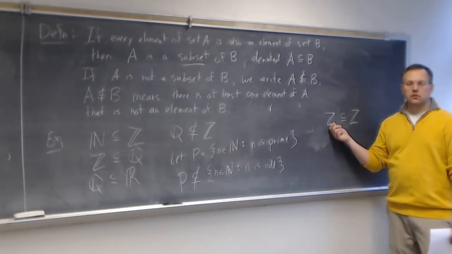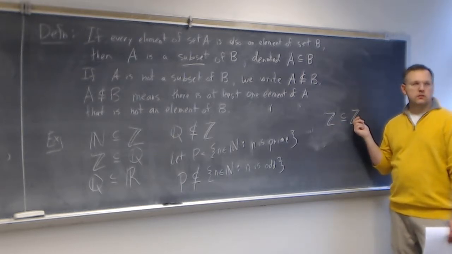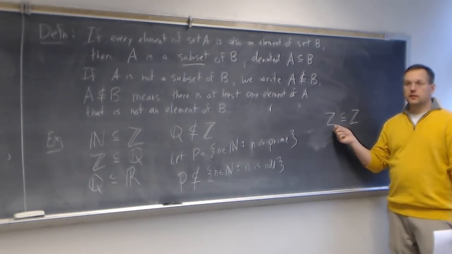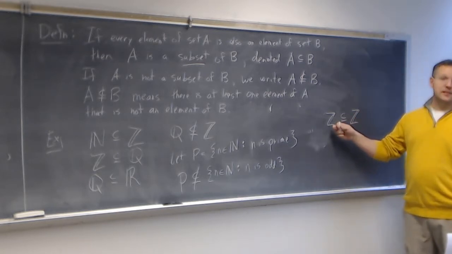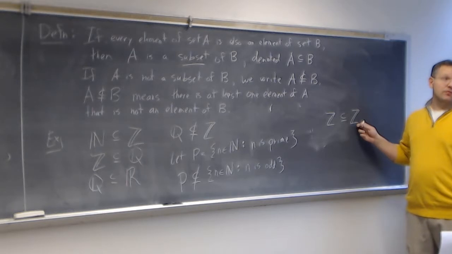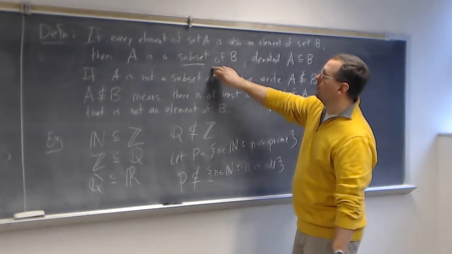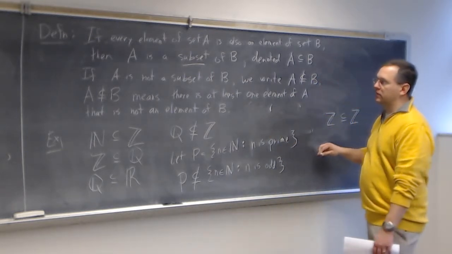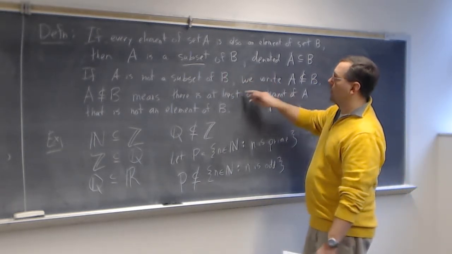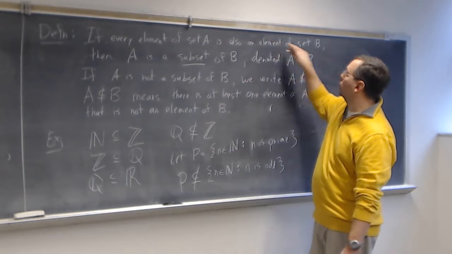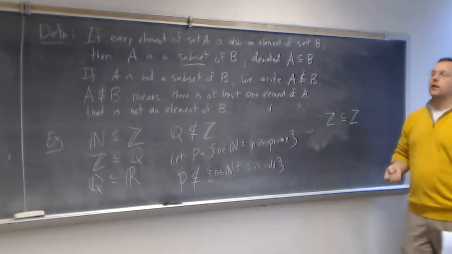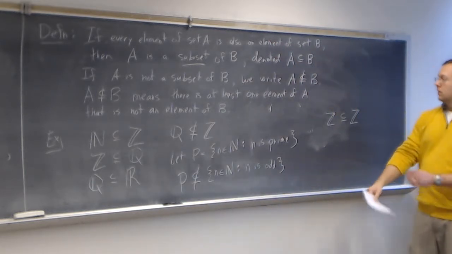Take an integer. Is it also an integer? Yeah. So it's actually true that any set is a subset of itself, by definition, right? Think about A being a subset of A. If every element of A is also an element of A, then we would say A is a subset of A. That's a true statement. Okay.